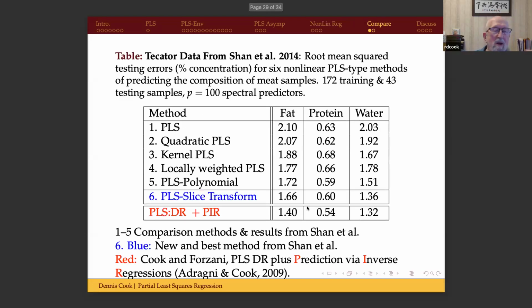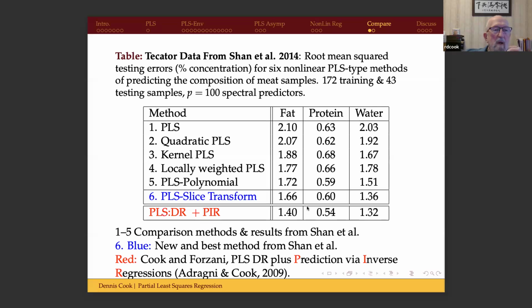So what I want to do for this is just give you a couple of examples. Actually, they're very complicated examples. This table is from Shan in 2014. He compared a new nonlinear method for partial least squares, and that's his method number 6.